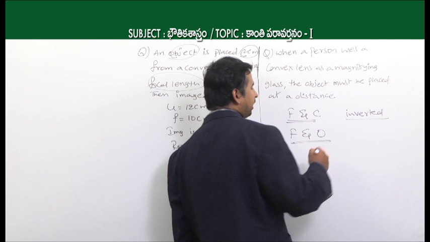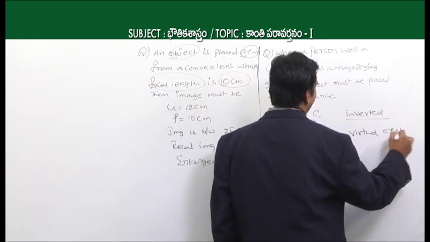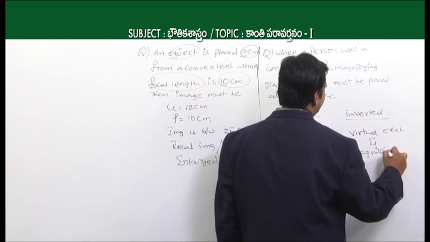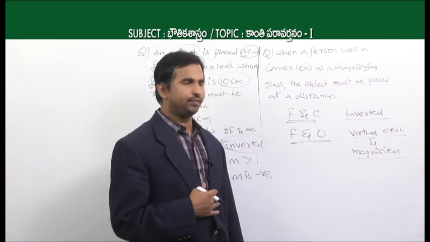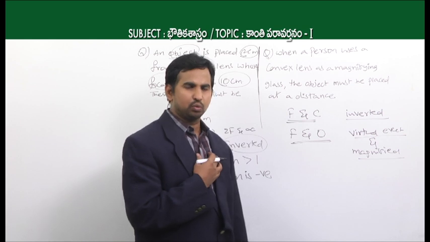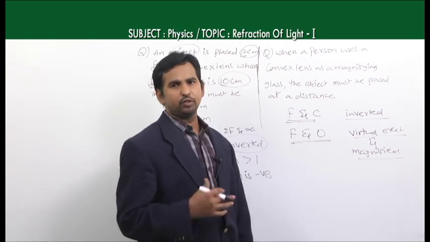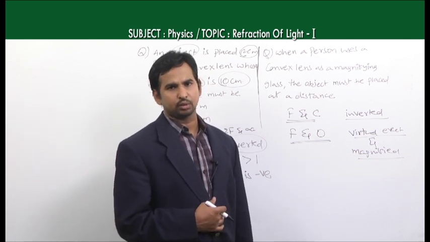Here we get a virtual, erect and magnified image. So, when the object is between f and o, we get a virtual image, just like the object, above the principal axis, and we get an erect image, and a magnified image also.